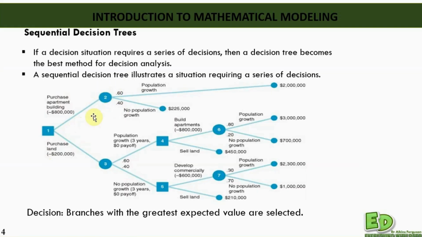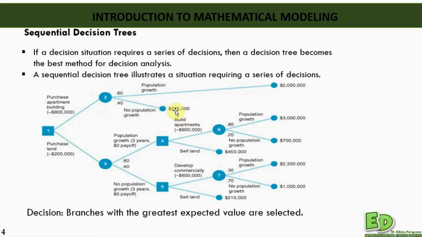So we have a second node here based on the statement that we could decide. It could be a possible probability that when you purchase an apartment building here, the population growth is 0.60 and the no population growth is 0.40. That is a circle node, because at that point they have possible outcomes, right?